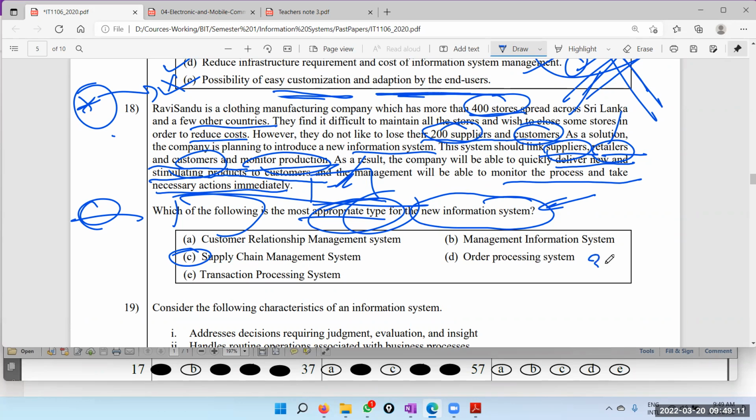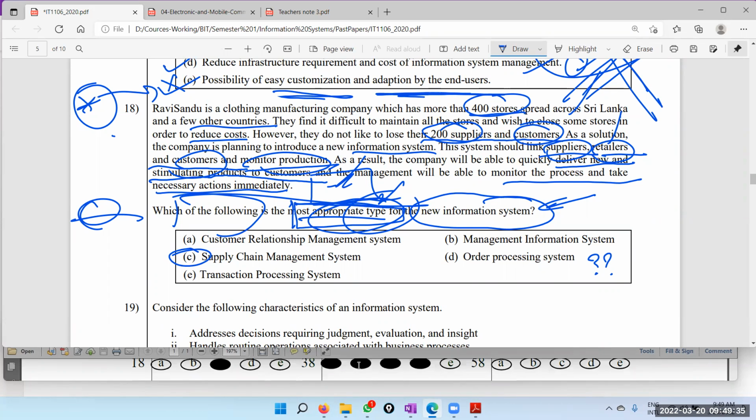I don't know whether the examiner will take that, but this is the better answer. Of course, it's a transaction processing system, but it's asked for most appropriate. So when we say most appropriate, usually only one answer is correct. So I will go for C. 18, I will go for C.